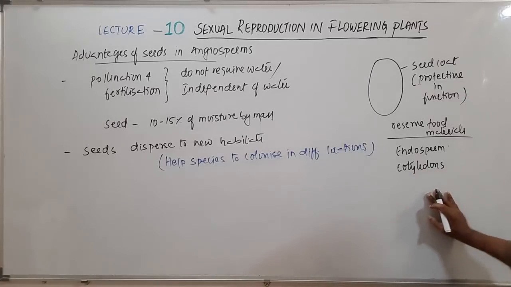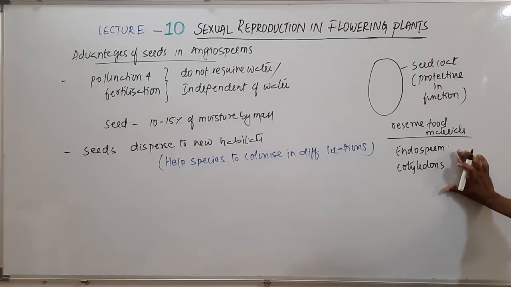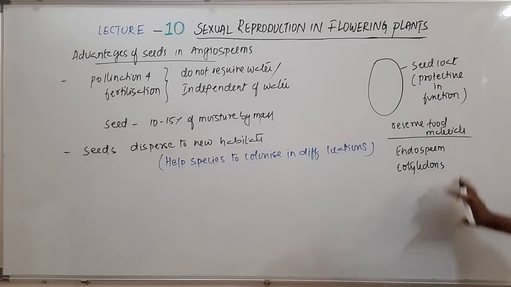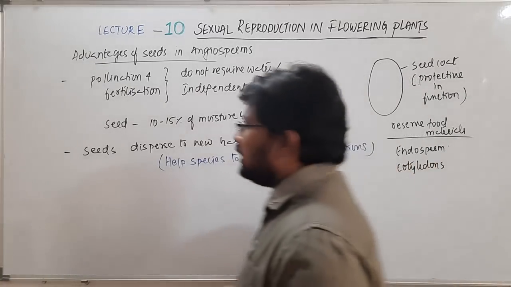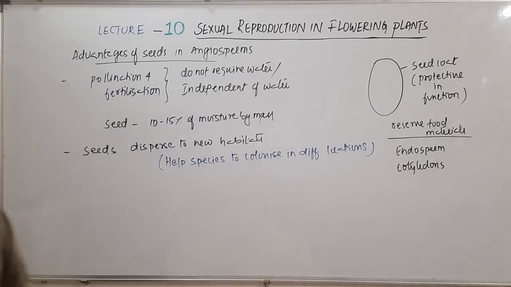In some plants the endosperm stores the food materials, which help in the process of germination and are used as nutrition until the process of photosynthesis begins. And in some cases the cotyledons store these food materials, right?